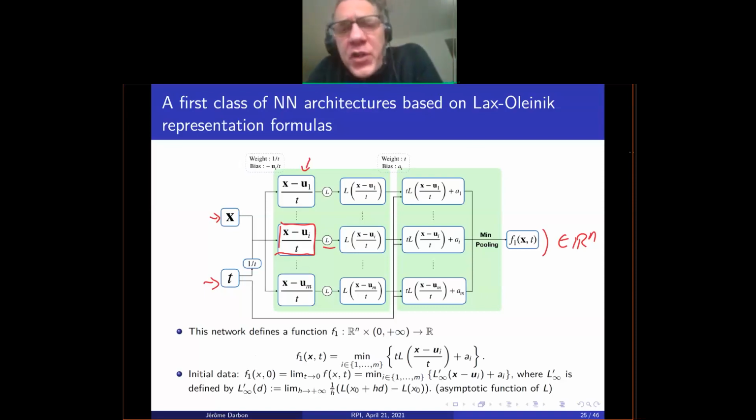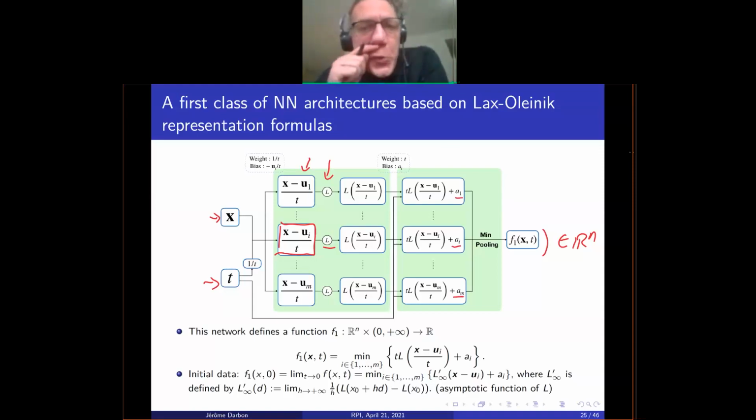The L function, the Lagrangian, that is the Fenchel transform of H, is an activation function that we use right after the first operation. At the end of the first layer, we have evaluated L at several points, (X minus u_i) over t, where the u_i are parameters of the neural network. And then we take these outputs and simply add some constants a_i, and then we finally do a mean pooling.